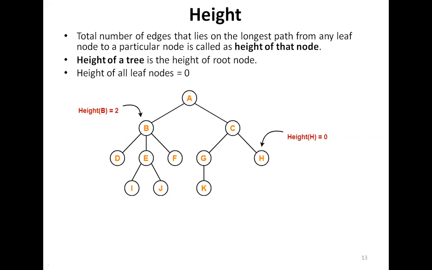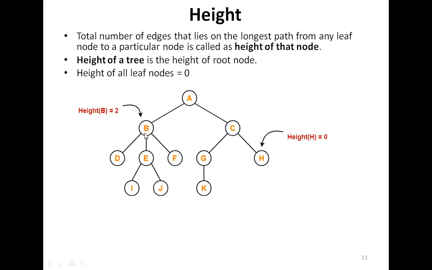The total number of edges that lies on the longest path from any leaf node to a particular node is known as the height of that node. Suppose we take node B. From this node B, it has many descendants.